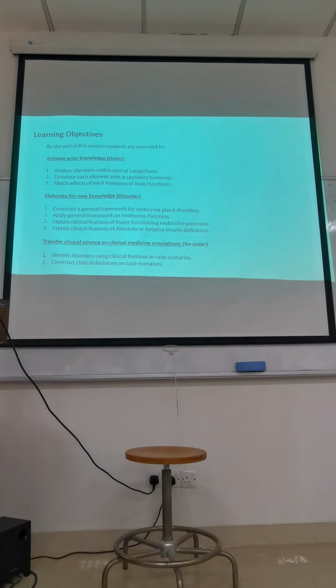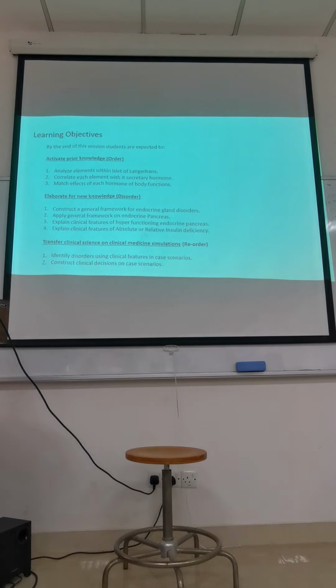Then we need to understand from order to disorder. From disorder we need to understand that any gland problem basically presents by two mechanisms. What are those two mechanisms? And then we focus not on any gland problem but the pancreas problem, which is one special gland.